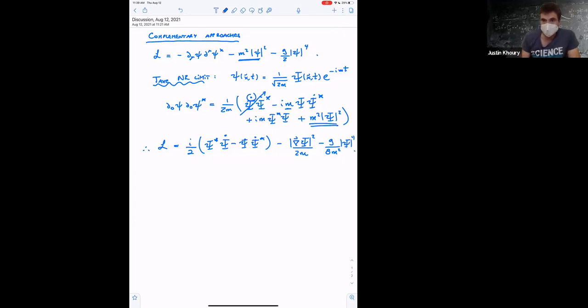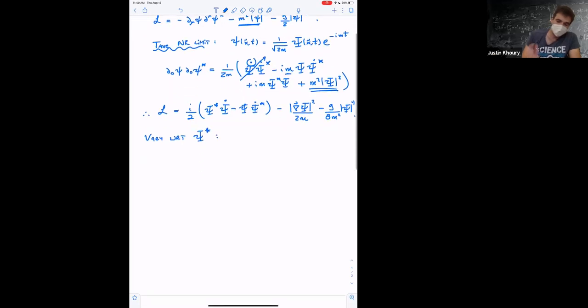Now, if you take this non-relativistic action and you vary with respect to psi star, you obtain the following Schrodinger-like equation, that i psi dot is equal to minus 1 over 2m Laplacian squared plus g over 4m squared norm, like so.